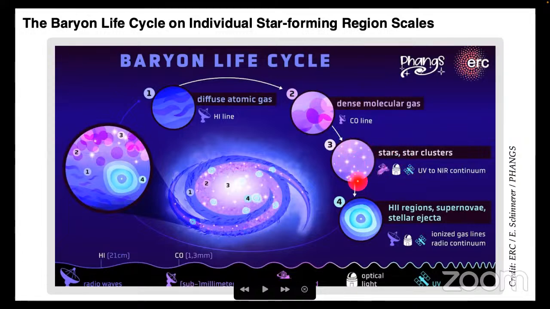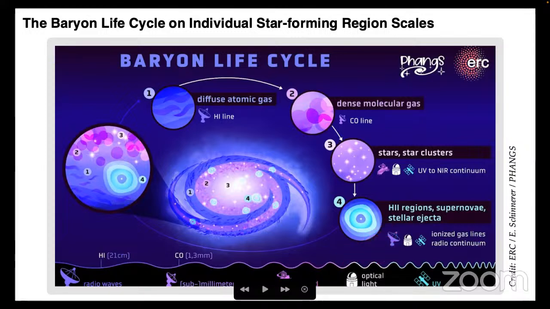Once they get rid of their dust envelope, they start to show up in shorter wavelengths, from UV to IR. Eventually some of those stars die, and they also create a lot of feedback, creating chaos in their surroundings. That will create HII regions, supernovae, and stellar ejecta that will return material into the ISM to complete this cycle. This end phase is also observable widely through, for example, ionized gas lines.